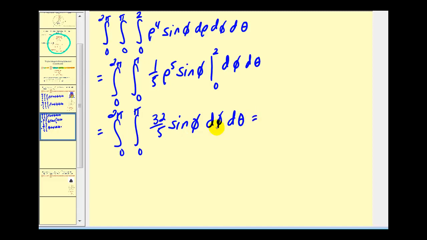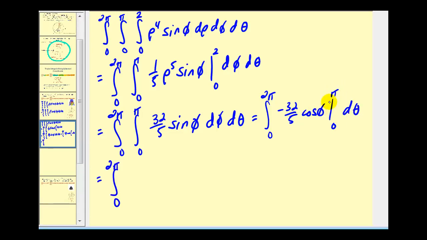And now we'll integrate with respect to phi. That's going to give us negative 32/5 cosine phi. When phi is equal to pi, cosine pi is -1, so I'll have positive 32/5 minus, and then when phi is 0, cosine 0 is 1, so we'll have a negative 32/5. So we'll have a positive 64/5.